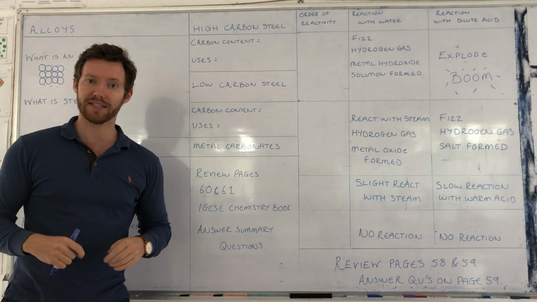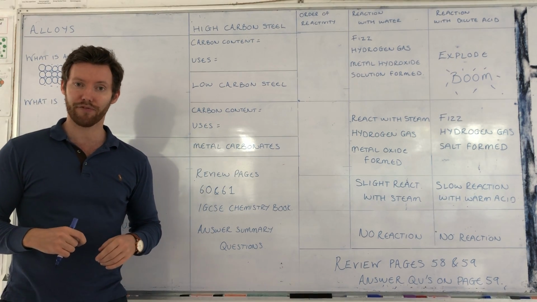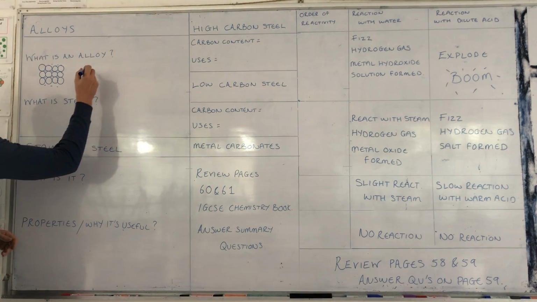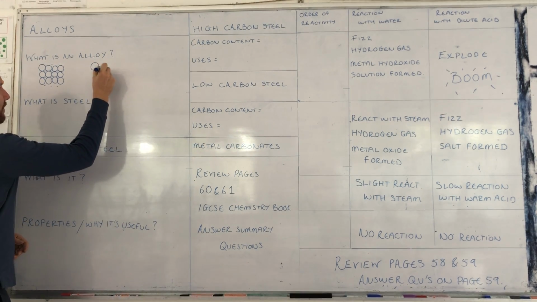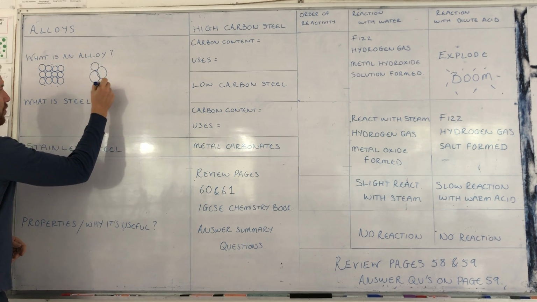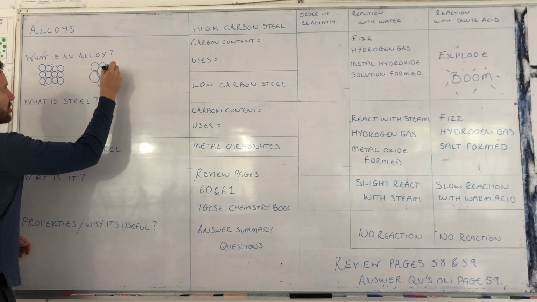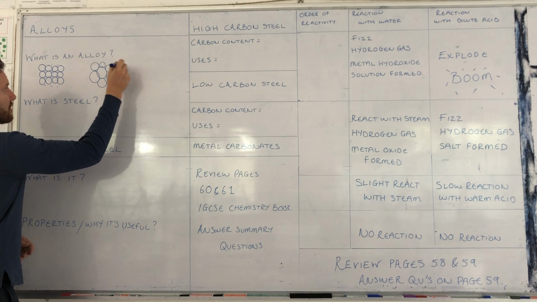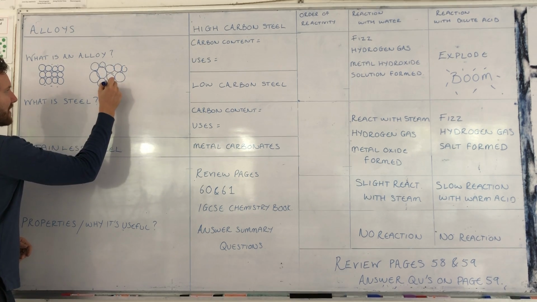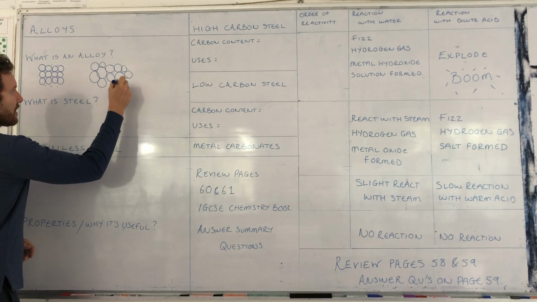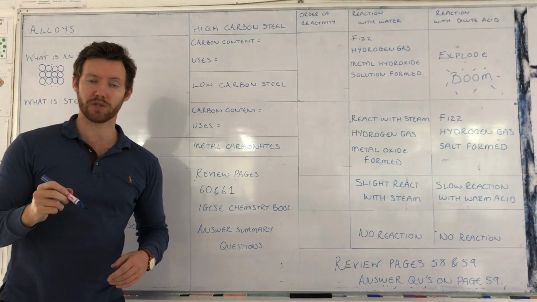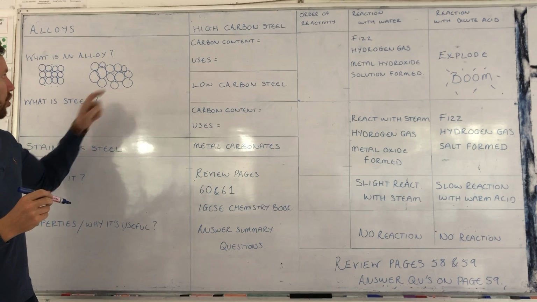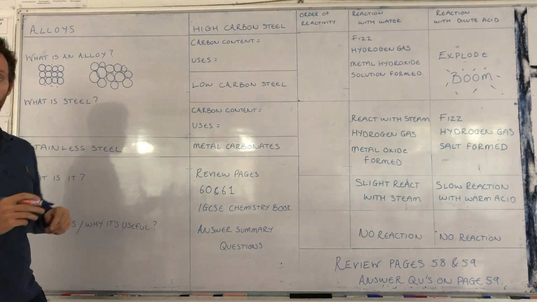However, an alloy, it is a mixture of different metals. So an alloy, we can identify the structure like this. So with it being a mixture of different metals, oh, terrible drawing here, but we can kind of identify that we are going to have a stronger material than our pure metal.